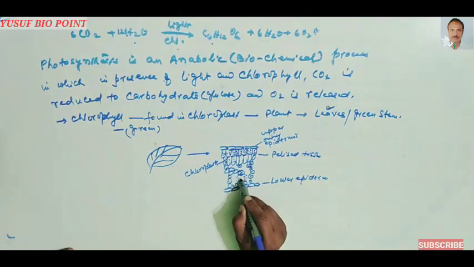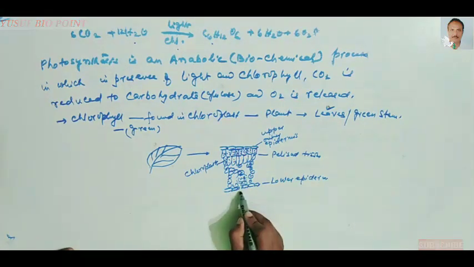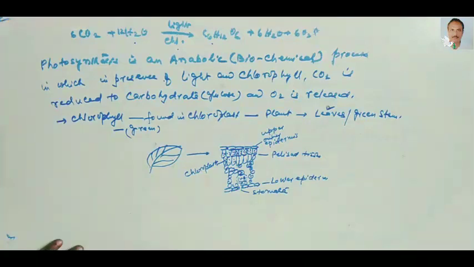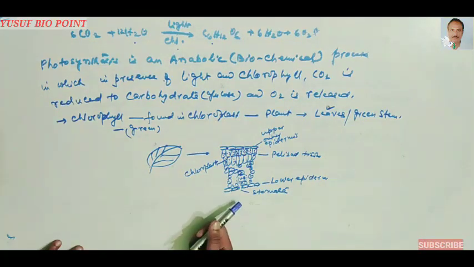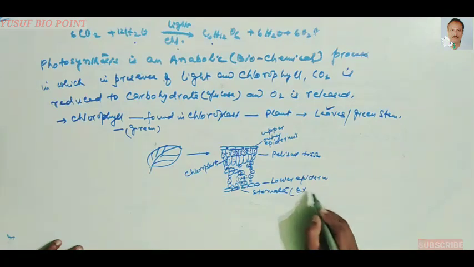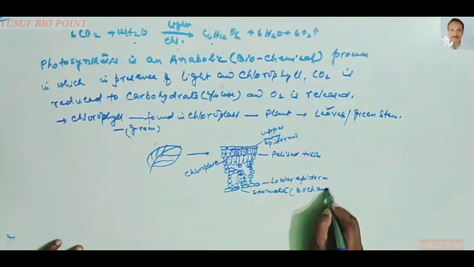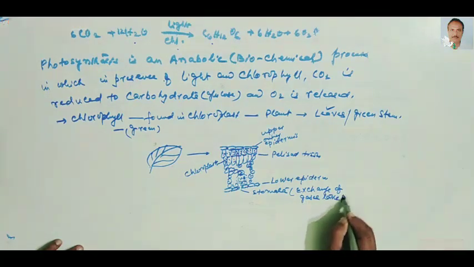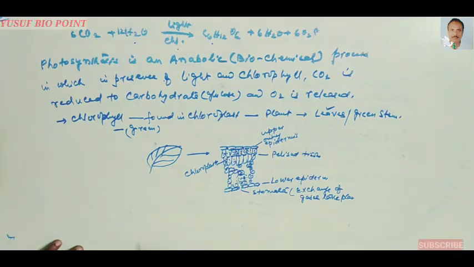This is the vascular bundle, and here you see an opening that is known as stomata, and through that exchange of gases takes place.